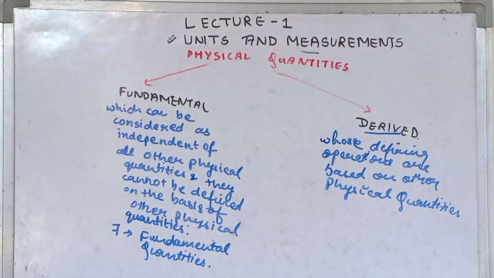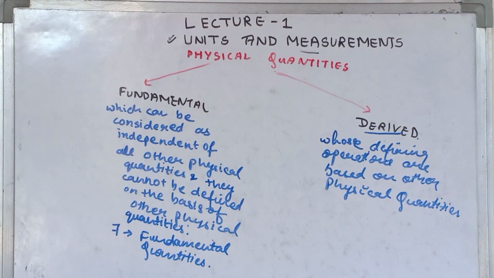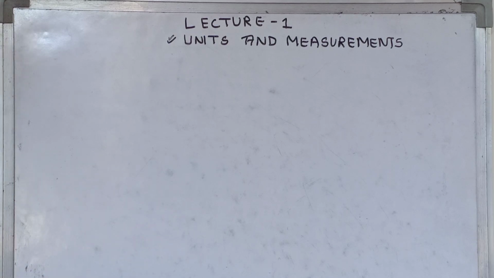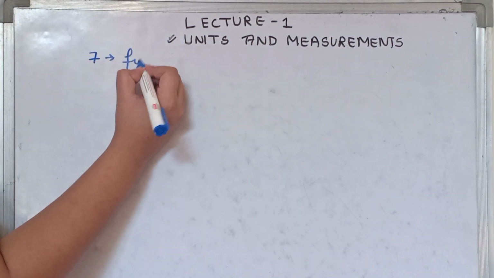Now we'll see the basic difference between fundamental and derived physical quantities with the help of their examples. I mentioned that there are 7 fundamental quantities.